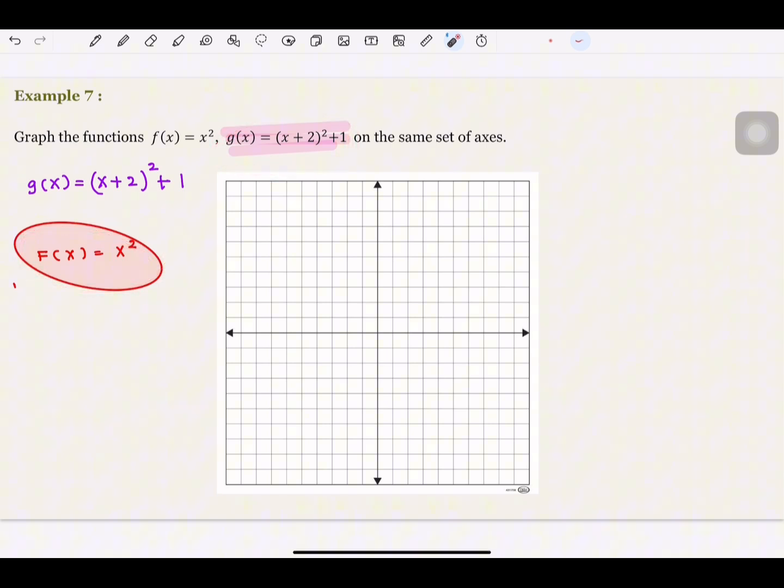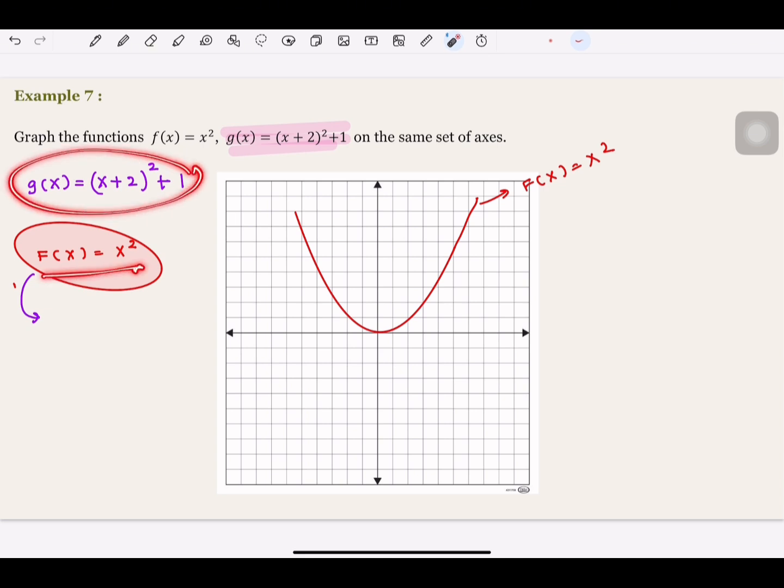So I already know how to sketch this, which means I have to start with a parabola which goes through the origin. Okay, here I have my parabola. So this represents f of x equals x squared. Now I'm going to move forward from here and construct this function from my f of x.